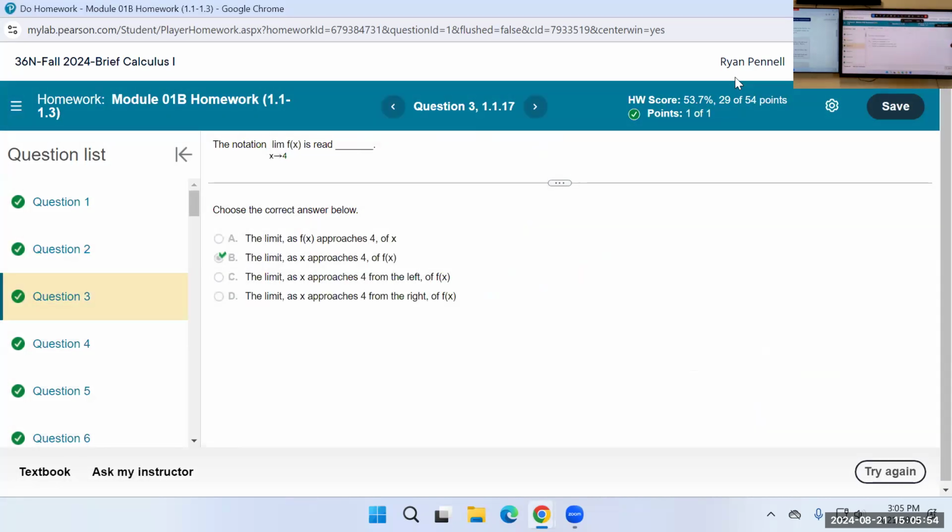Okay. The notation, the limit as x approaches 4 of f of x is read. So x is going to 4. X is going to 4 from the left and the right.